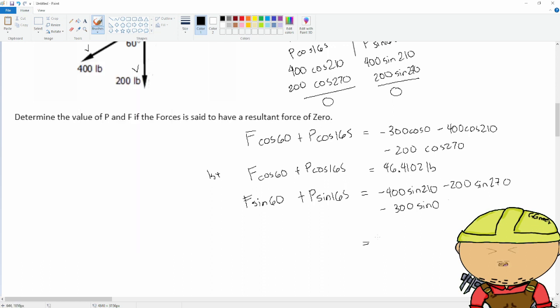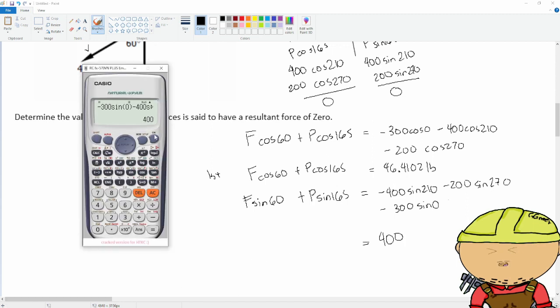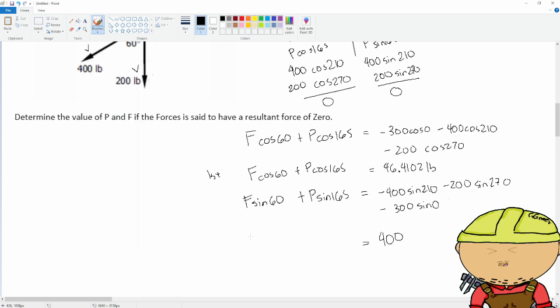I'm going to try typing it out normally, because we might be wrong, and I don't want to be wrong. So that's F sine 60 plus P sine 165.